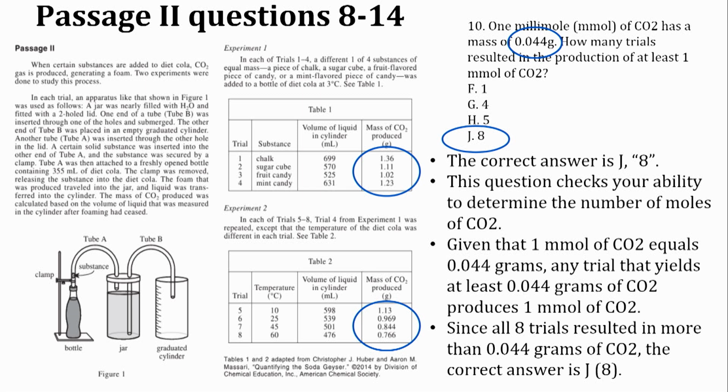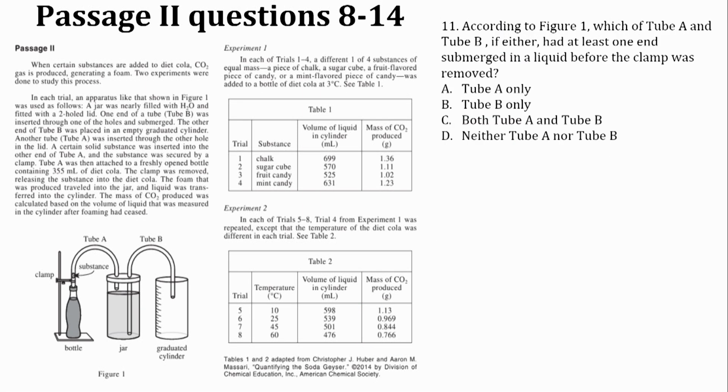Then we take that information and look at these two tables and try to determine how many of the trials produce that many moles of this CO2, right? Well, you can see if you look at these two tables, all of them are more than that. All 8 trials performed produced at least 0.044 grams, and that means that all 8 of them produced at least 1 millimole of carbon dioxide. Great, let's keep it going.